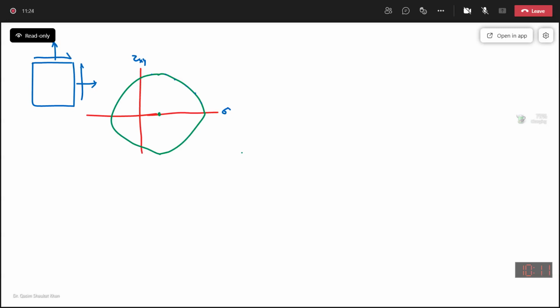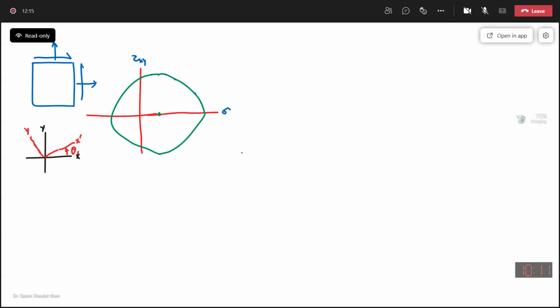Now, when you rotate your element, let's say by theta 1, this is your x dash axis and this one is your y dash axis.